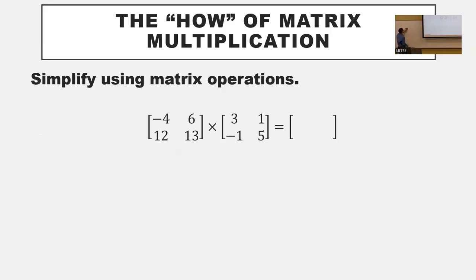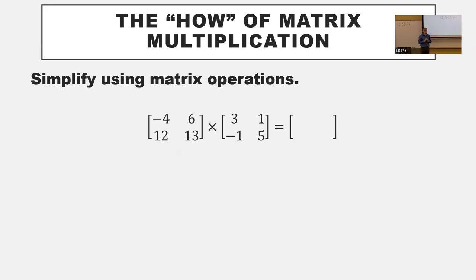I have these on the slides, so it shouldn't be crazy, but I'll also write it down on the board as well. We're going to multiply -4, 6, 12, 13 by 3, 1, -1, 5.